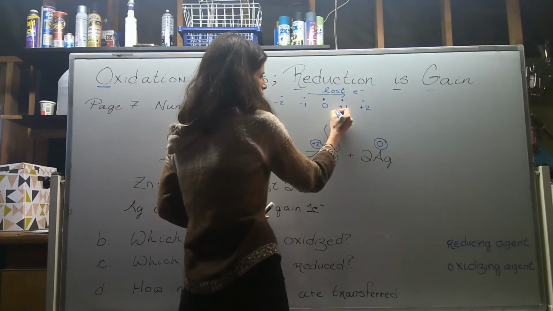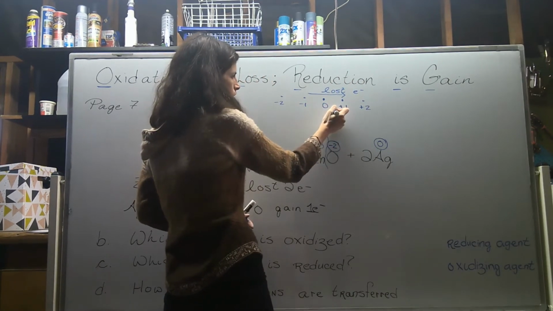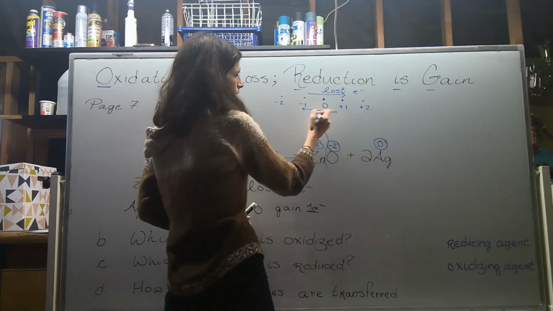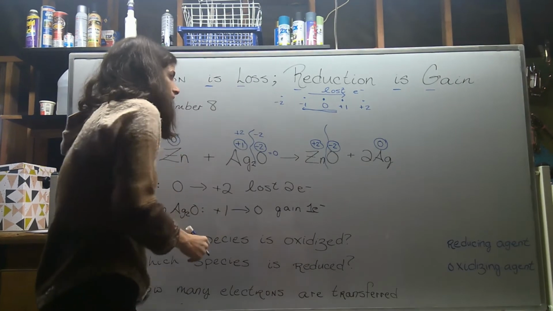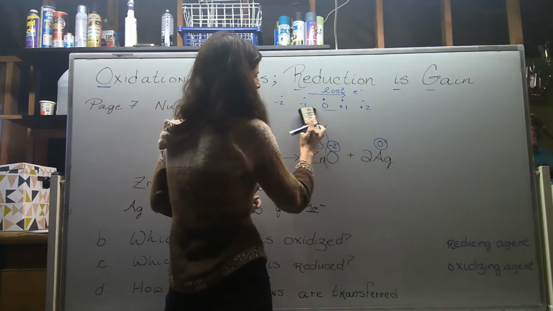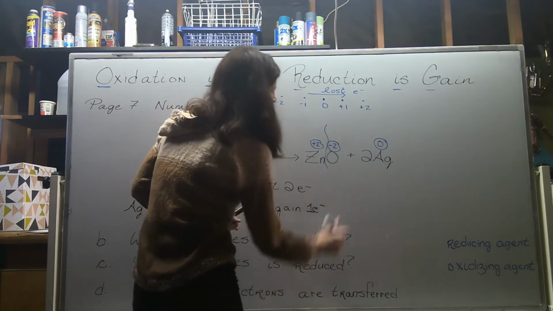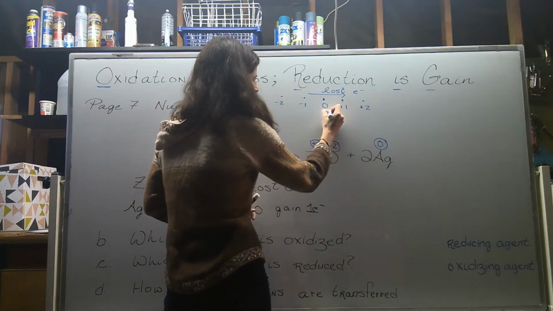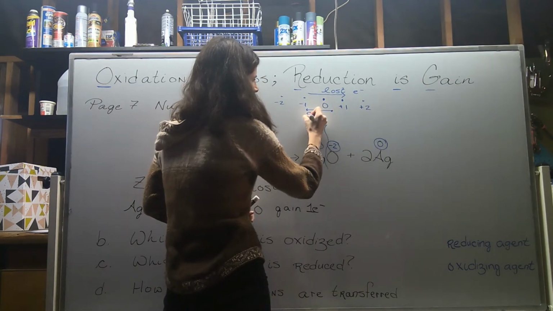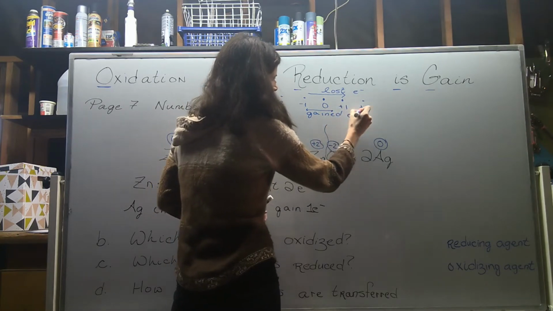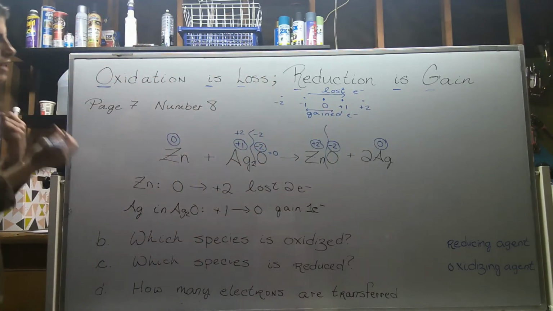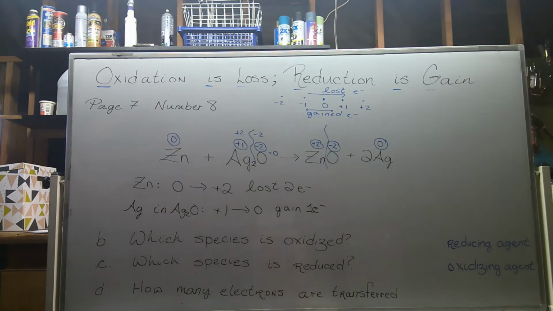And if it started anywhere on the right and moved to the left, that tells us that it gained electrons. So becoming more negative means that it gained electrons. Maybe that can help a little bit as we're going through these problems.